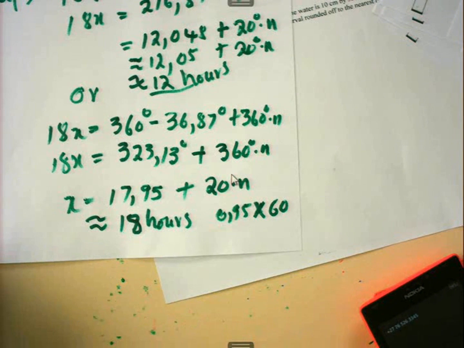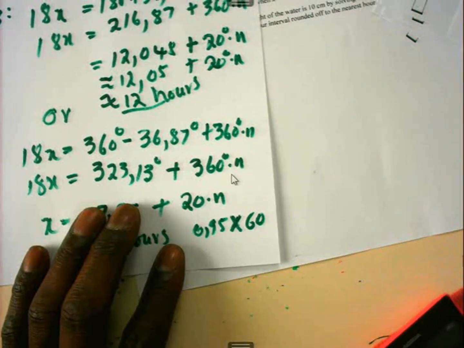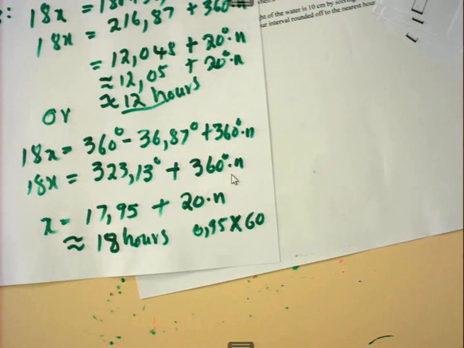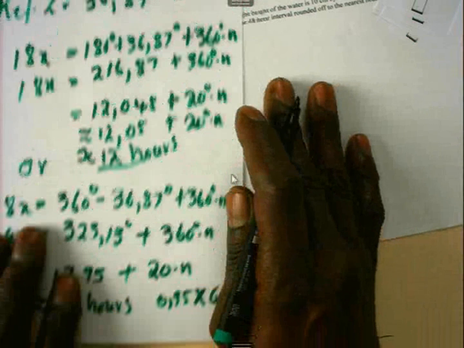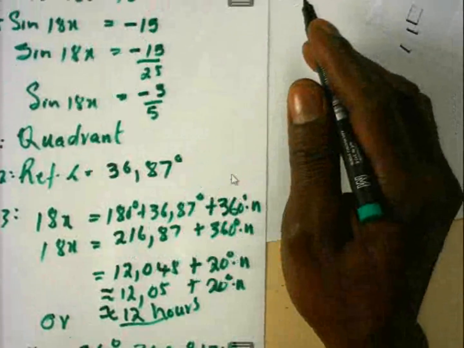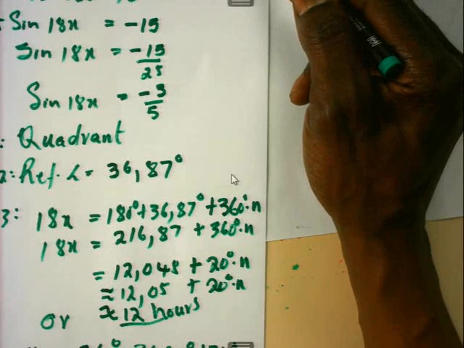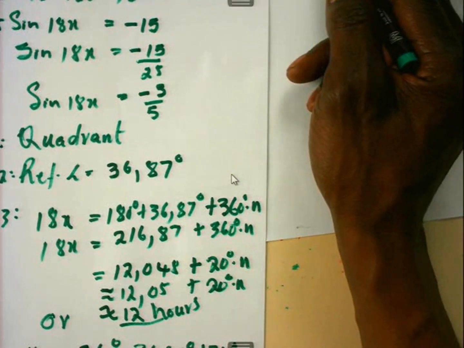Right. Now, I've just received a question that I'll respond to. When I was doing this problem, I did not use the general solution, so I fell into the trap, because I don't have only two solutions. I've got 1, 2, 3, 4 solutions.